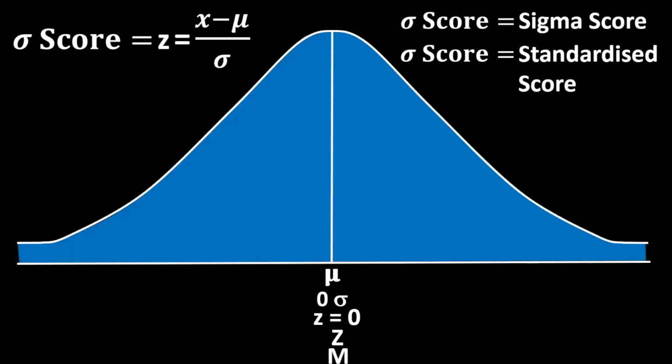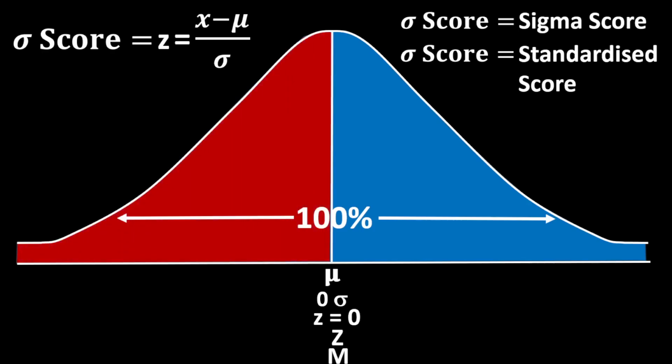Friends, this perpendicular line drawn on the x-axis at the point where the mean is lying divides the entire curve into two equal parts. A total of 100% of frequencies are there, but before this perpendicular line, 50% of the frequencies are lying, and after it, 50% of the frequencies are lying.